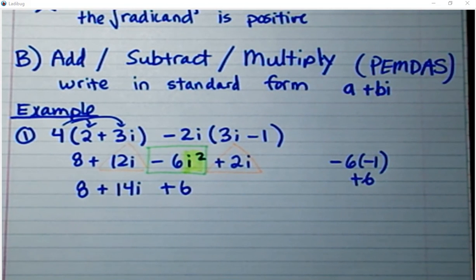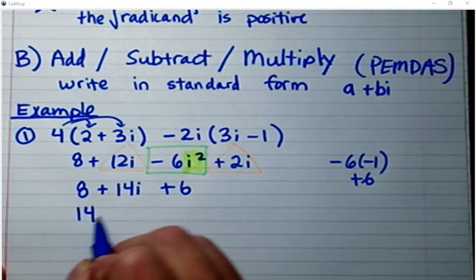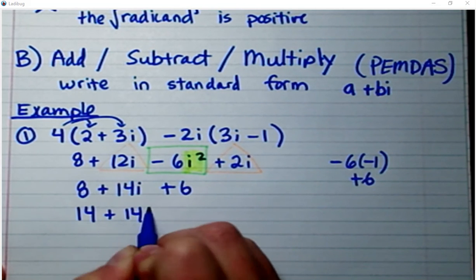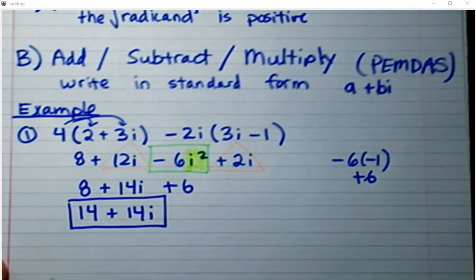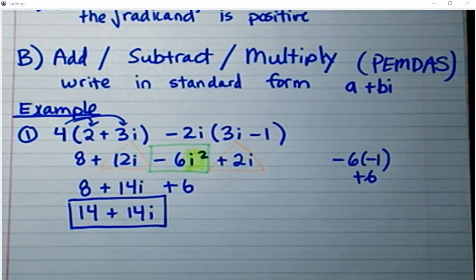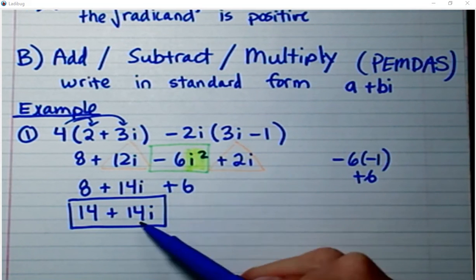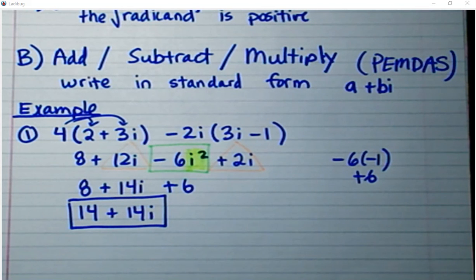That's it. That's the only difference, is that my answer has to be a plus bi. So 14 plus 14i. Notice that the only thing that is new is replacing the i and the i squared. That's the only thing that's different from what you've already learned about PEMDAS and multiplying and distributing. Whew.